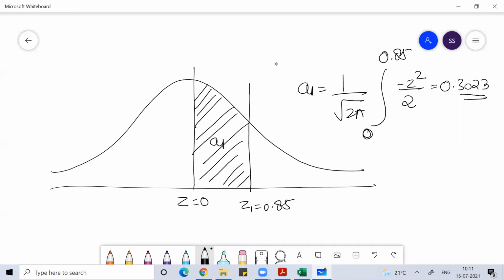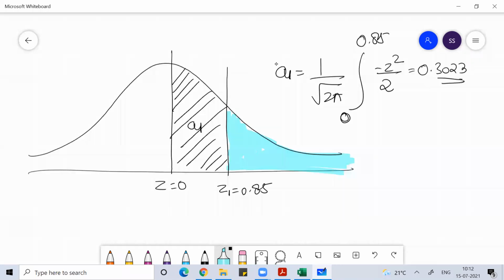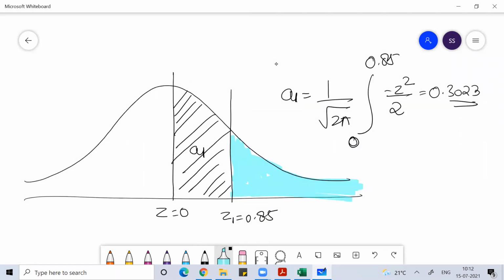But what area do you want? You want all the area greater than or equal to 0.85.